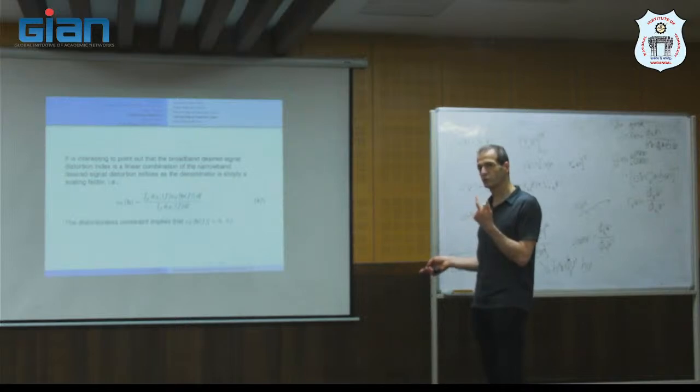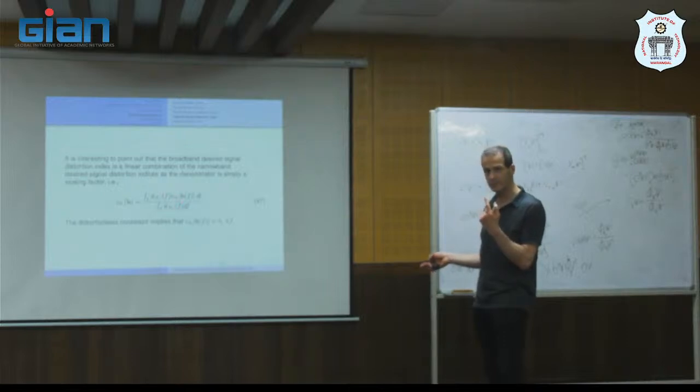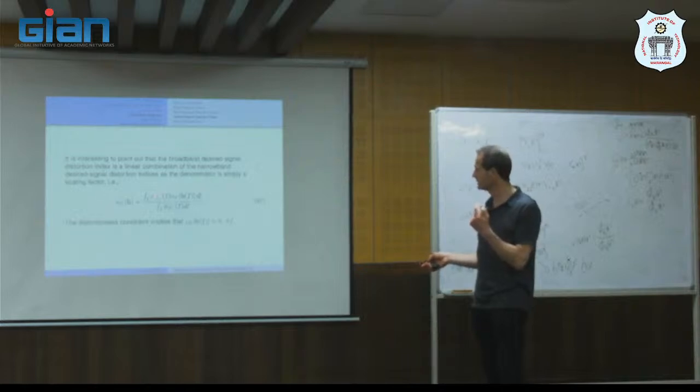That's why, when you want to minimize the broadband distortion, you try to do it by minimizing the narrowband distortion in the strong components. The strong components, where the variance of x1 is large, induce much more distortion in the broadband. In the weak components, we can allow more distortion.